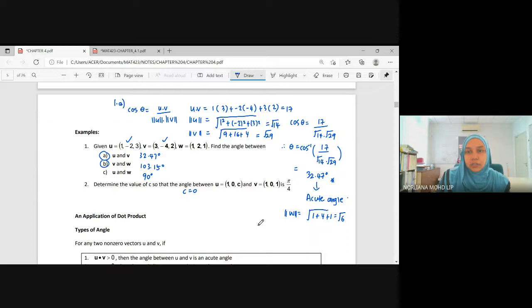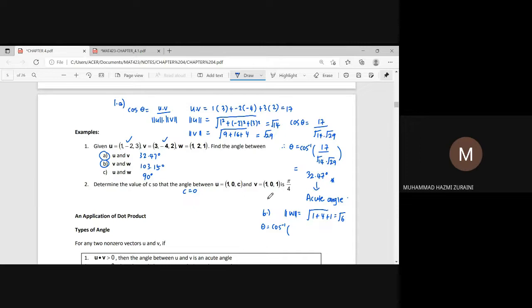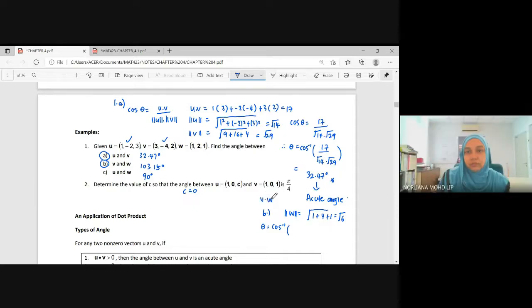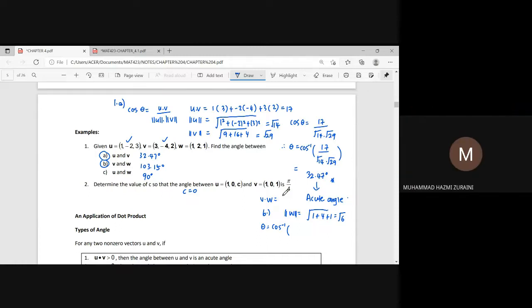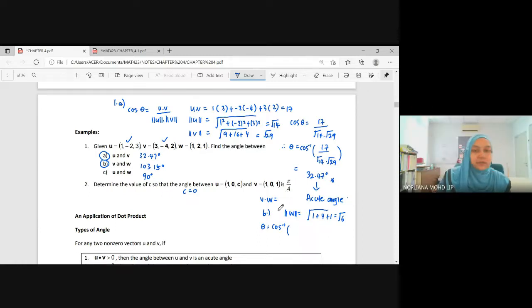So cos theta equal to cos... Okay. V dot W dapat apa? V dot W is equal to negative 3.